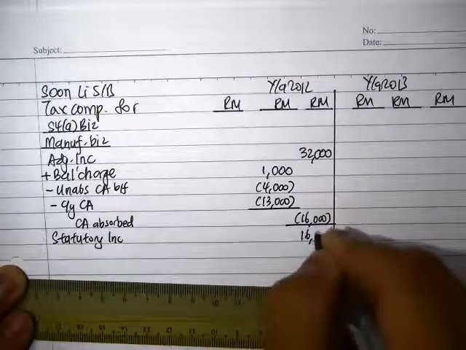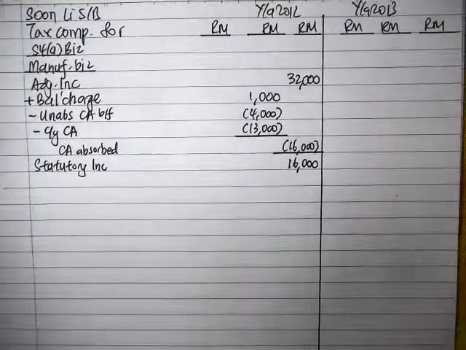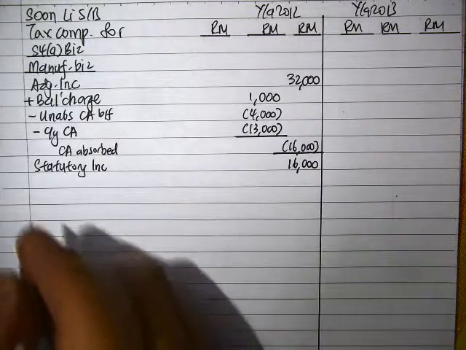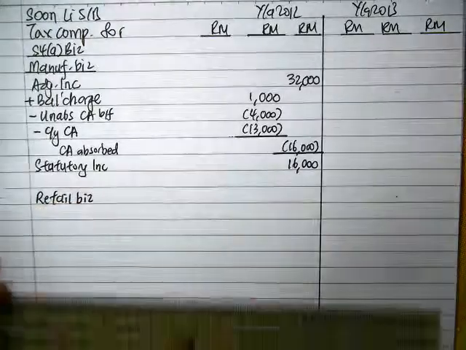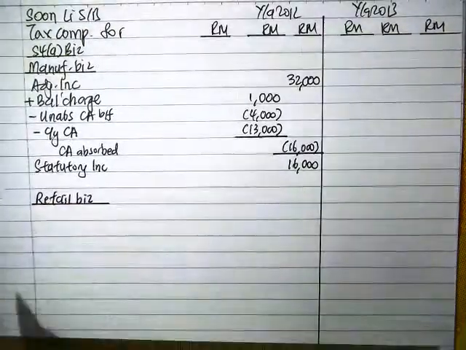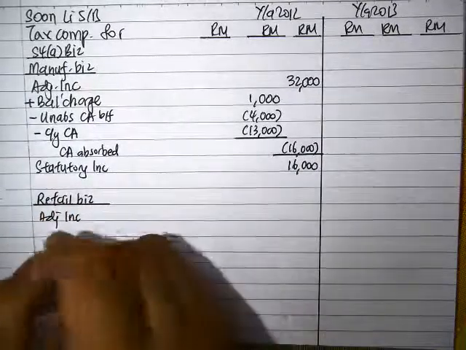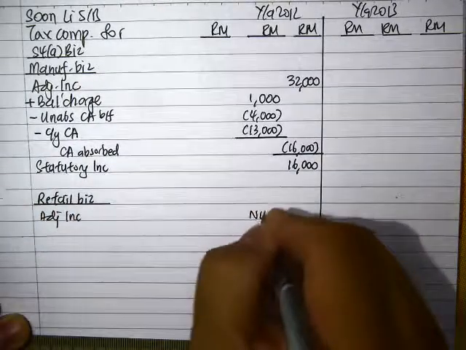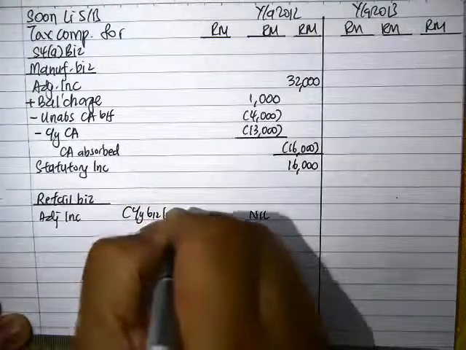to 16. Alright. But then we have retail business. Again, the adjusted income is loss, so I'm going to put a nil here. So this current year business loss, 6,000.